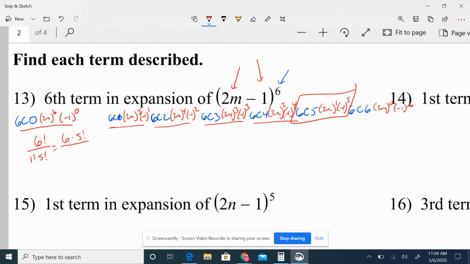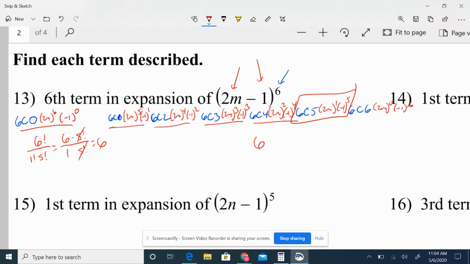I left my 5 as a factorial because I have a 5 factorial at the bottom already, so they cancel out. And 1 factorial is 1. So isn't 6 over 1 just 6? So 6 choose 5 is 6.